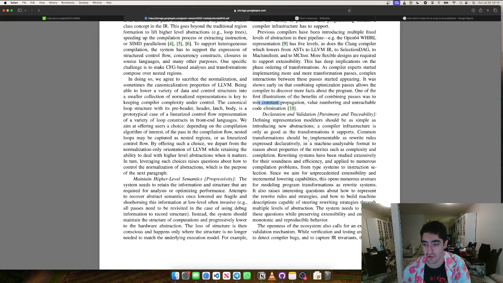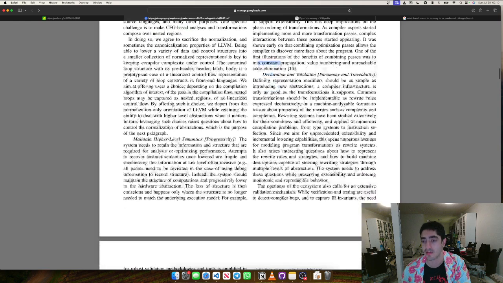declaratively in a machine analyzable format to reason about properties of the rewrites such as complexity and completion. Rewriting systems have been studied extensively for their soundness and efficiency and applied to numerous compilation problems from type systems to instruction selection.